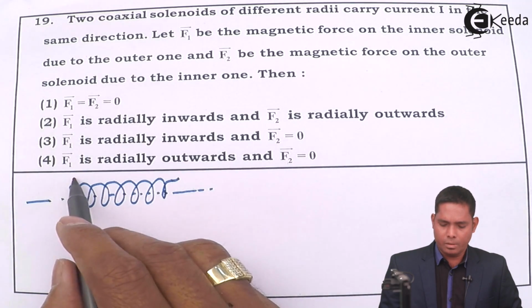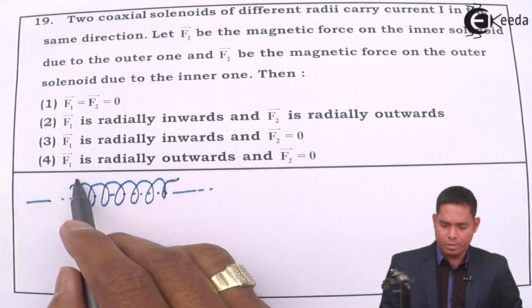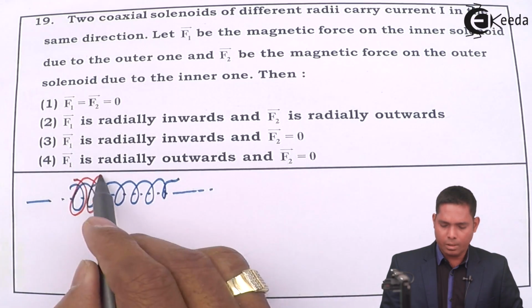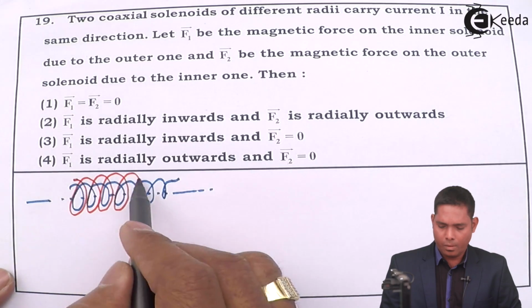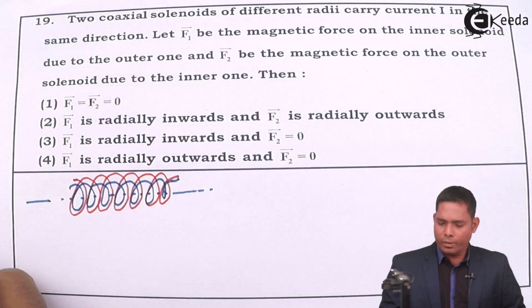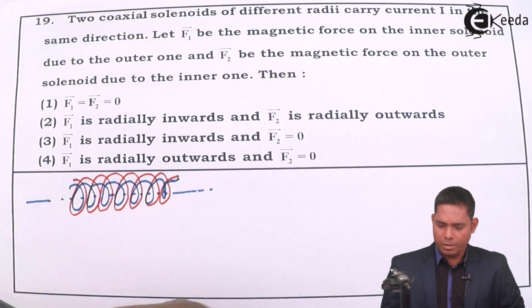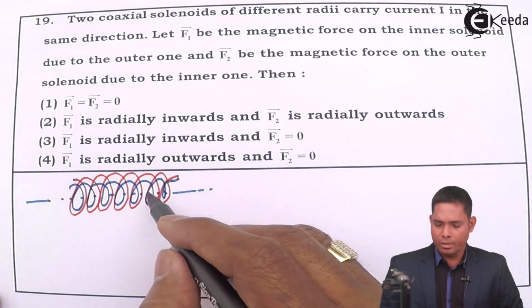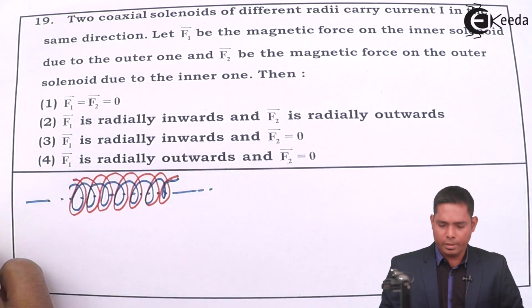It might be something like this. Of different radii, as you can see, the radii are different. The red one I have drawn with a bigger radius, and the blue one has a smaller radius.